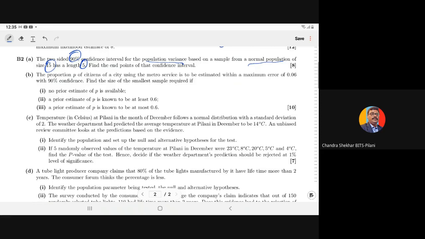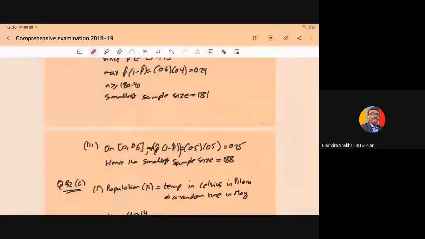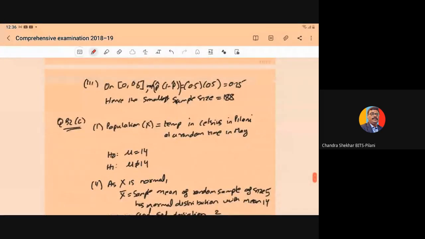An unbiased review committee looks at the prediction based on the evidence. So identify the population and set up the null and alternative hypothesis. First you have to recognize what is the population, what is H naught and H1. So here, what is the population?